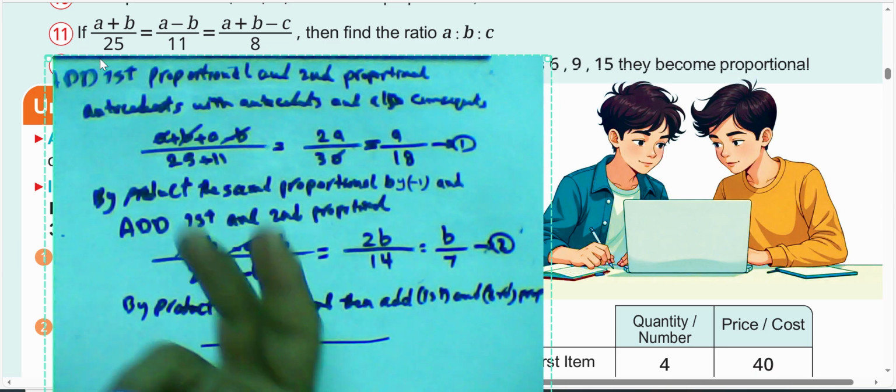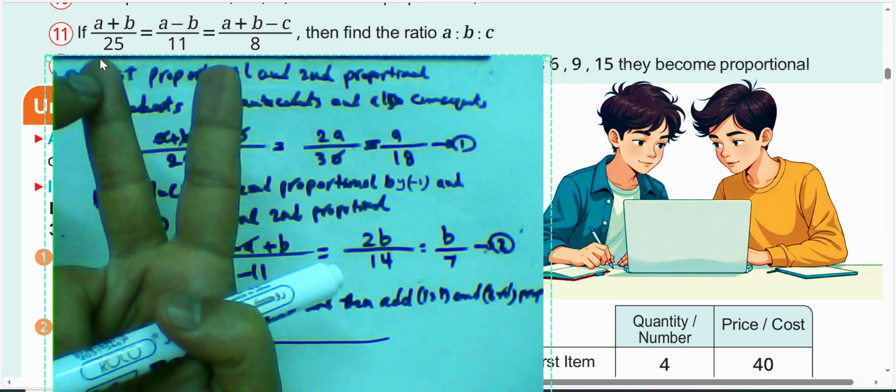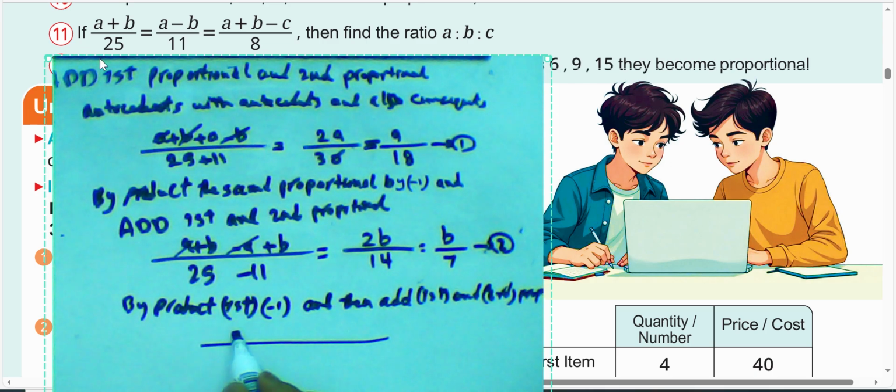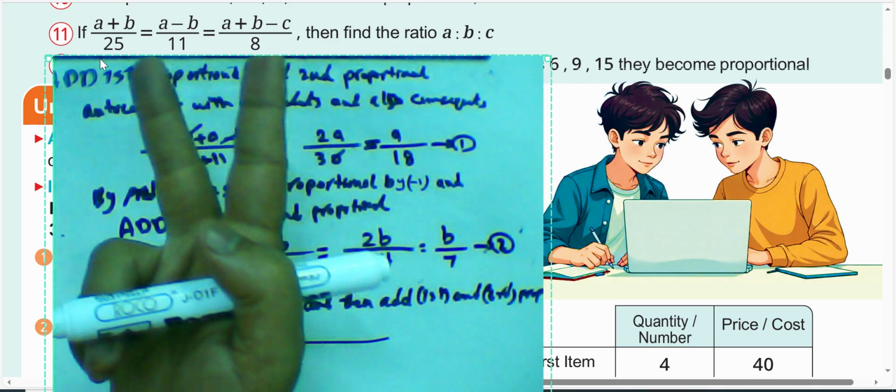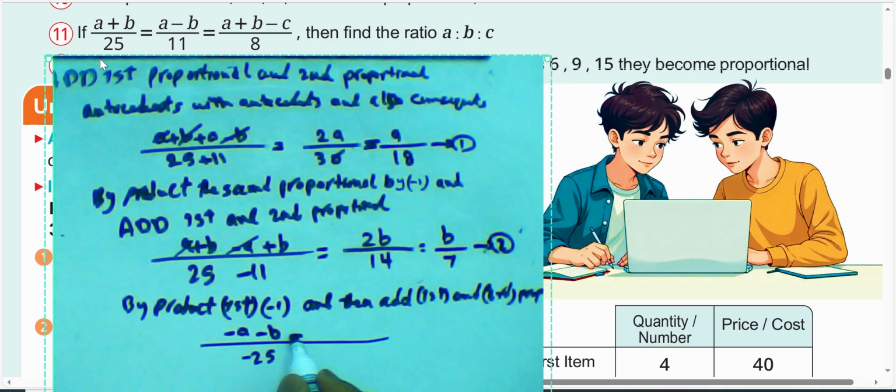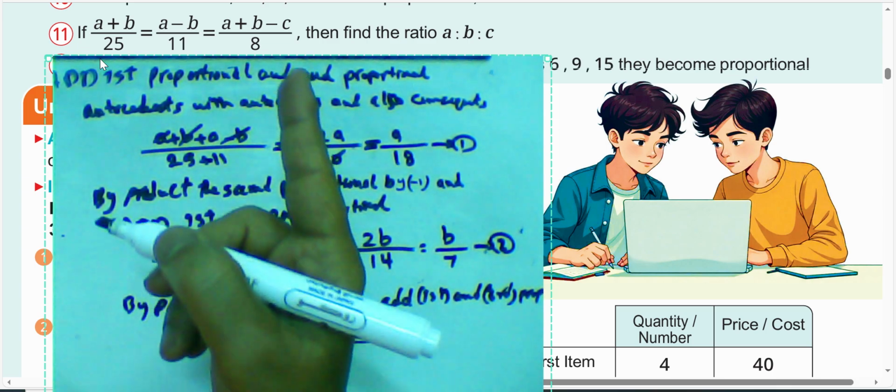Okay, listen to me. First here I will product by -1. Then we have -a minus b and down to -25. To the third, write a plus b plus c, a plus b minus c over 8.